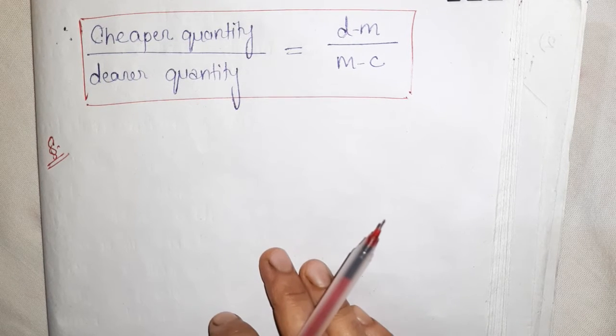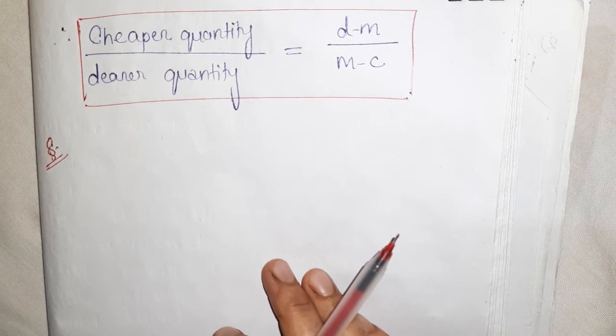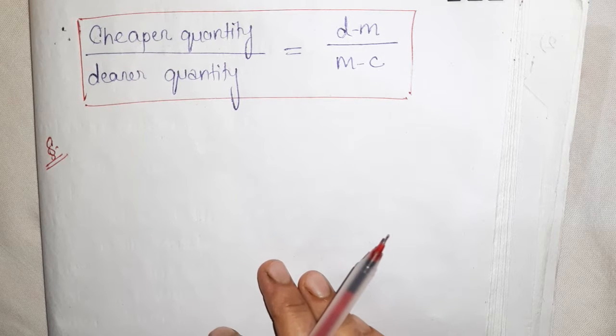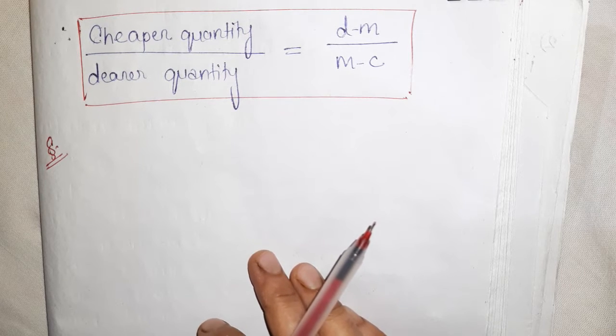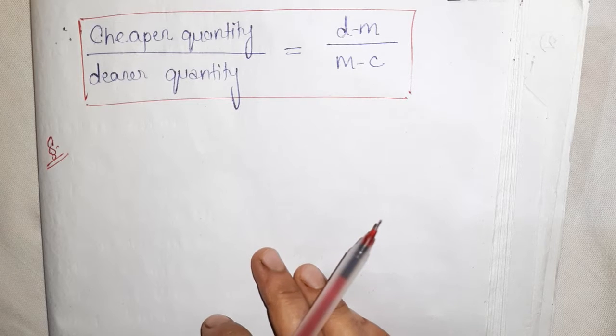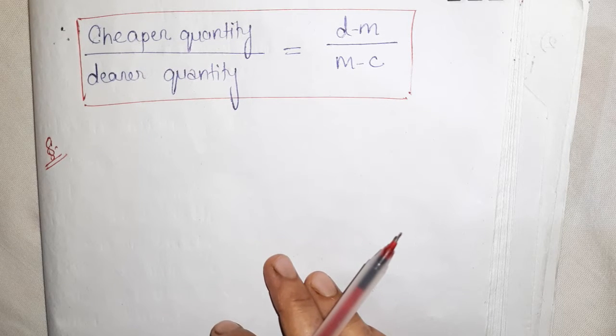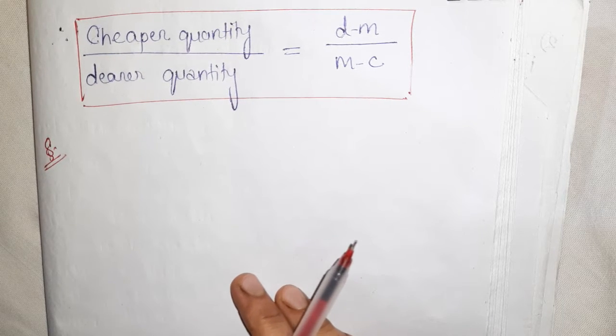Suppose you have 10 liters of milk in a jar, from that 5 liters you have taken out and replaced by water. After n operations, means you have done it 2 or 3 times, whatever times you have done, then the quantity of pure liquid.